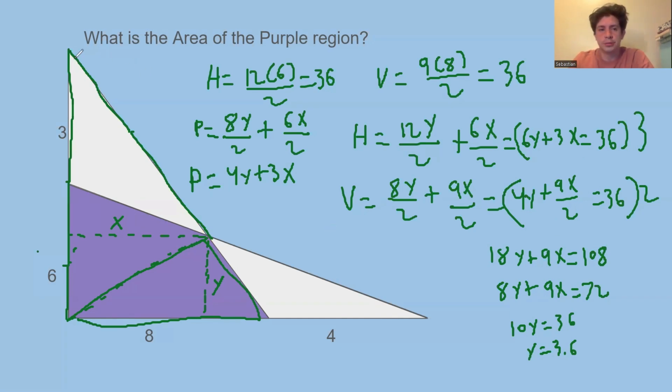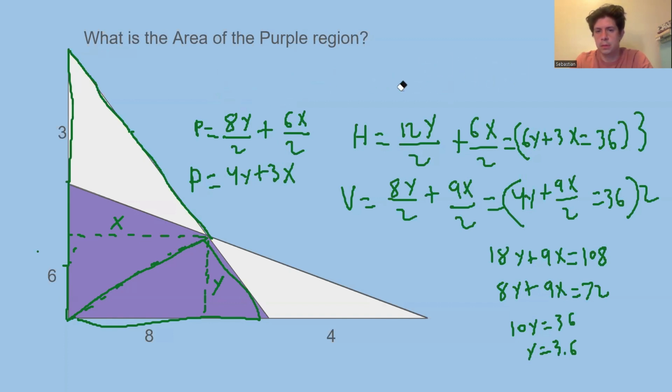All right, so let's erase this part here, we don't need that anymore. Plug in y. So you're going to get 6 times 3.6 plus 3x equals 36.